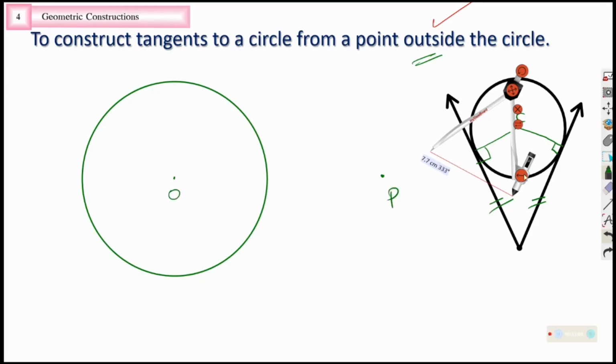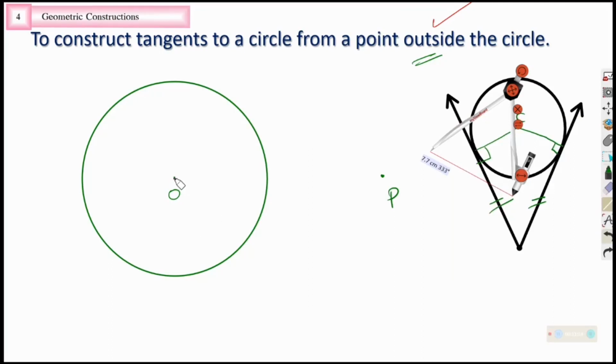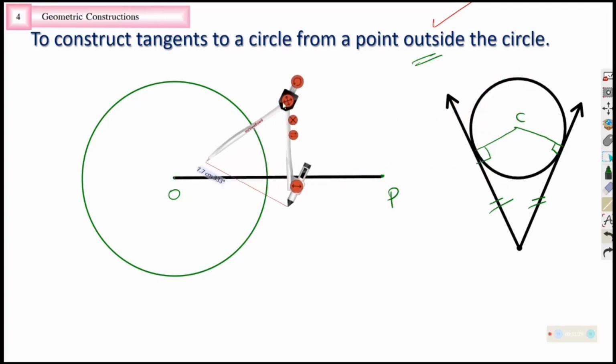Then I am going to connect these two points. Draw a line connecting these two. After drawing this line, what we have to do is draw a perpendicular bisector of this particular line segment. It's quite easy.